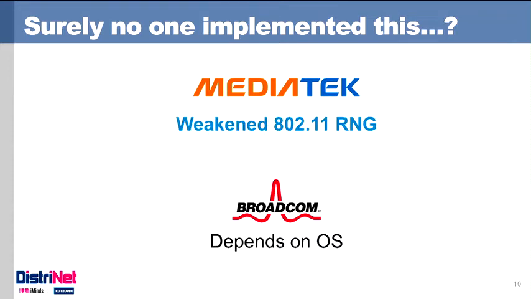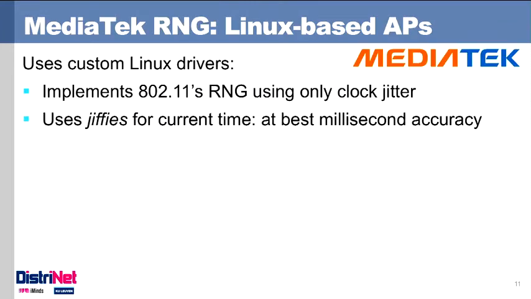So I'm going to focus on the random number generator used by MediaTek, because it resembles this supposedly official random number generator a lot. To briefly summarize, MediaTek almost exactly implements this random number generator, but it only uses clock jitter as a source of entropy.